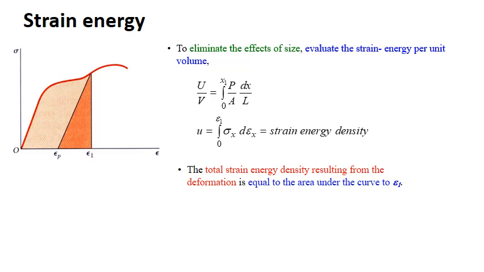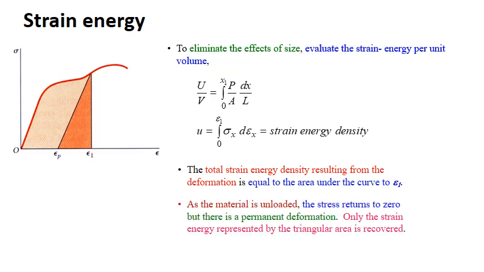Now if you remove the applied load, suppose the material has entered the plastic region, you can recover only the elastic work. The triangle shown in the orange color in this figure can only be recovered.